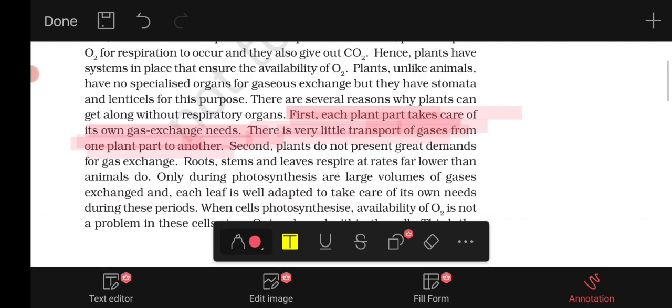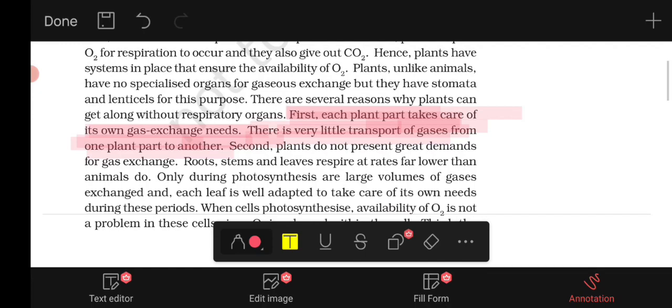We have only one respiratory organ, the only one organ through which we take the air in. Each part of the body cannot take part in gaseous exchange in animals, but in plants they can. And secondly, very little transport of gases is required from one part of the plant to the other. It is because each part can take care of its own exchange needs, so there is no need of transport across long distances.